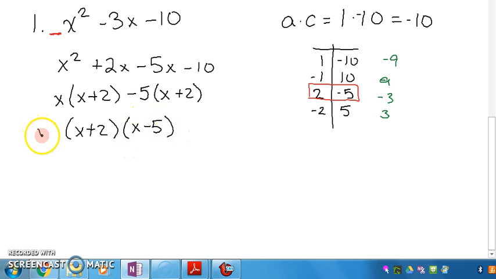We now see that our new equation is in intercepts form, and x squared minus 3x minus 10 is equivalent to the quantity x plus 2 times the quantity x minus 5.